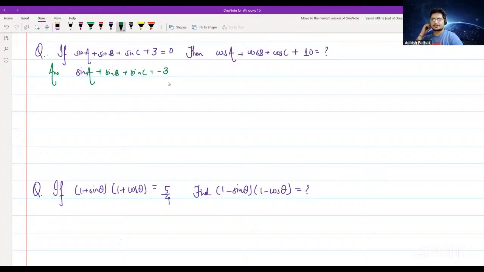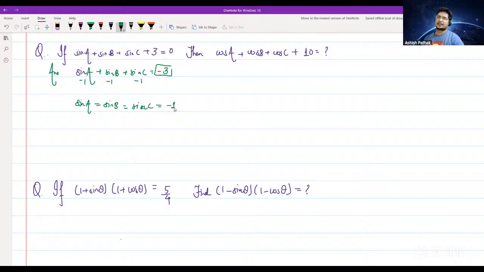Minus 1. So if this is minus 1, this one is also minus 1, and this one is also minus 1, that's how we can make it minus 3. Other than that, there will not be any value which will satisfy this. So sine A is equal to sine B, which is equal to sine C, which is equal to minus 1.